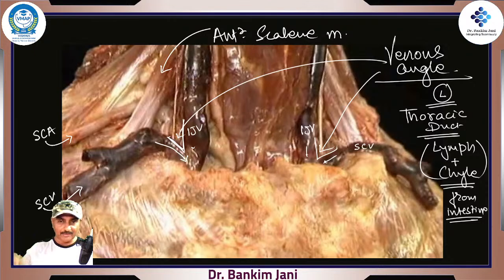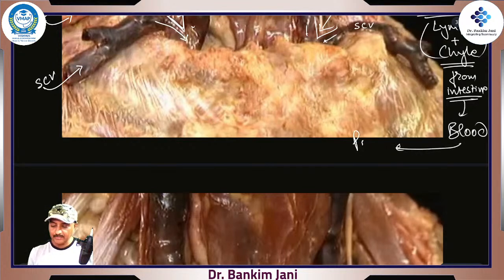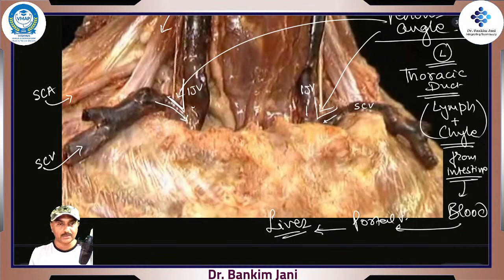And it is the liver which will be metabolizing. So from here, thoracic duct, it will come into blood, and from blood, via portal vein, it will go into the liver, and further metabolism starts over there. So that's why this junction, this venous angle, is very important.